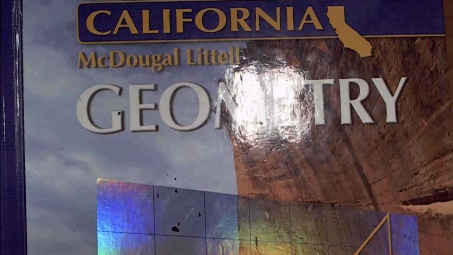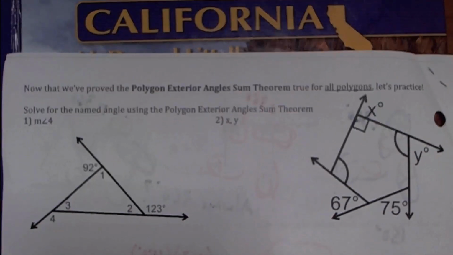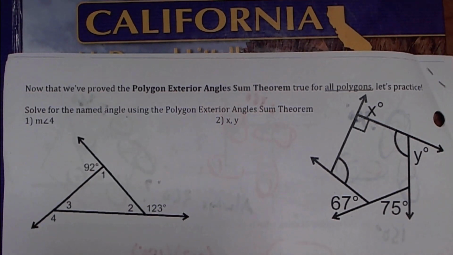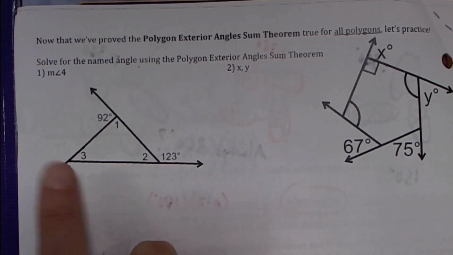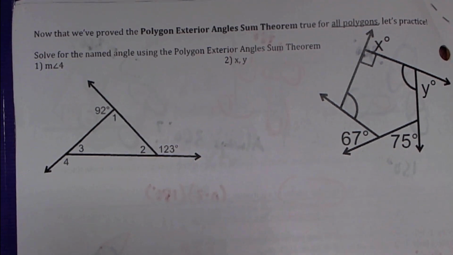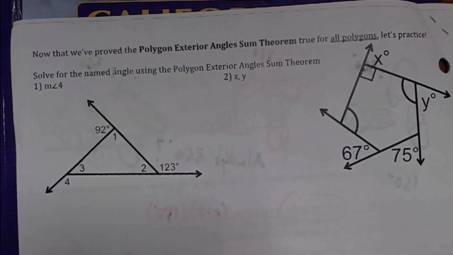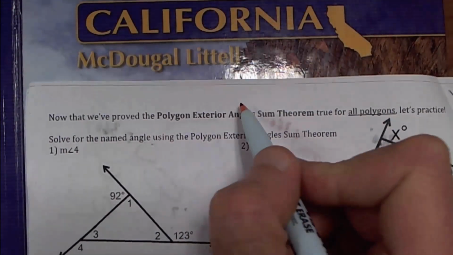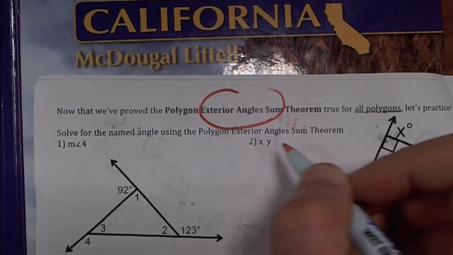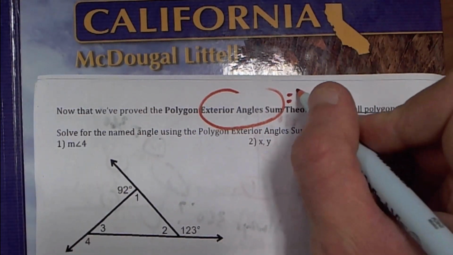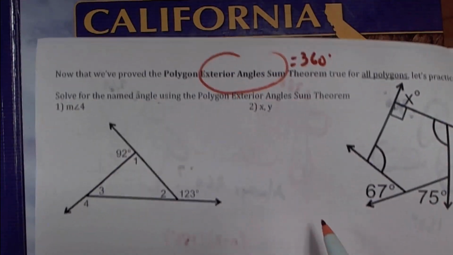Okay? So to finish, just to apply a couple of problems here, how could I find this guy then? For example, for the exterior angles theorem, we know that it doesn't depend on how many sides there are. The exterior angles always equal 360. So it's actually a little bit easier.